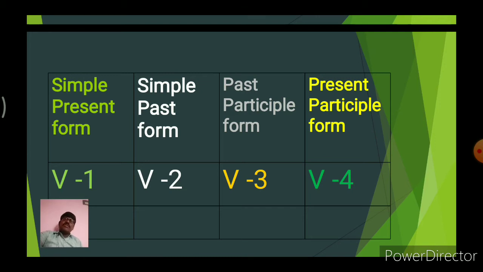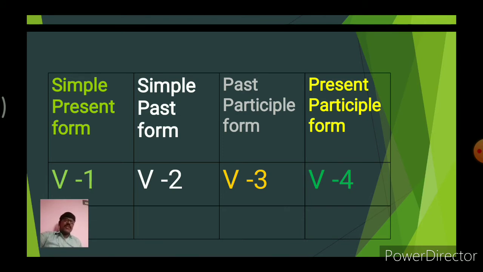Students, these verb forms are very important, because these verb forms indicate whether the actions that we are doing are occurring in the present tense or occurred in the past tense or will occur in the future tense. These forms indicate the time of the action.